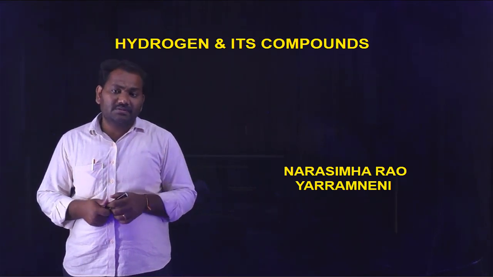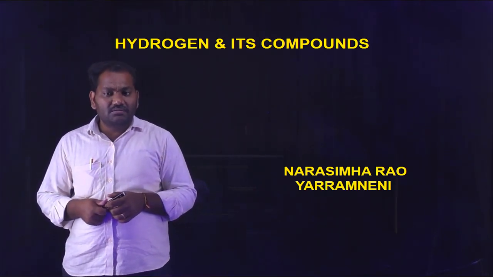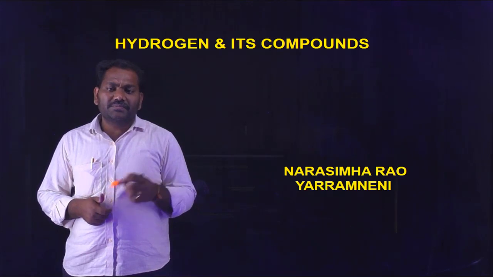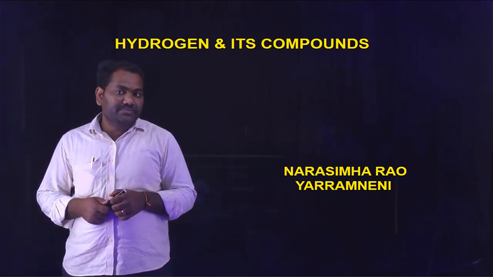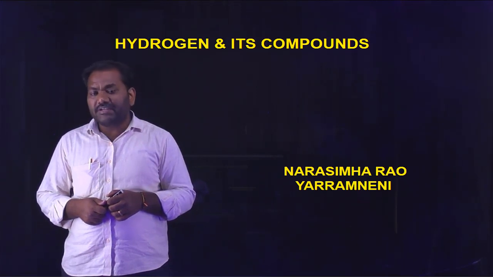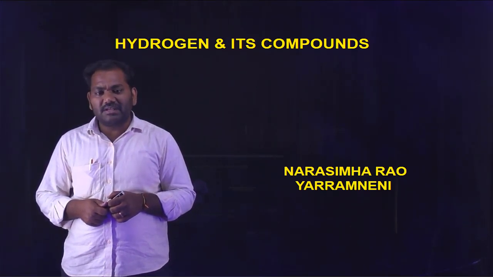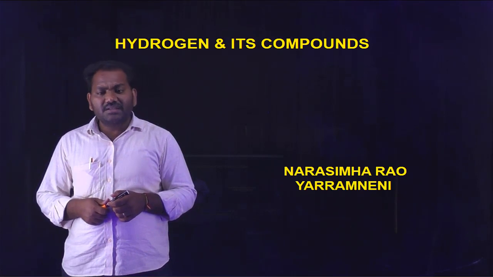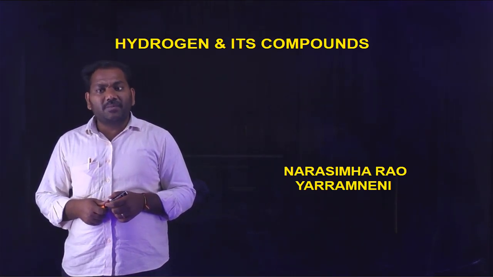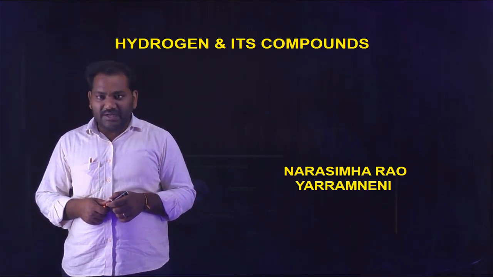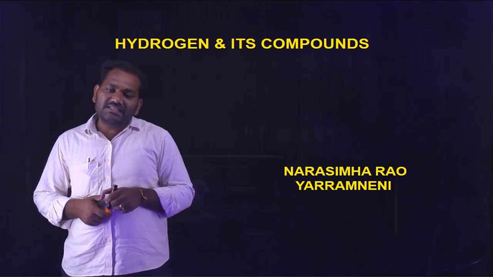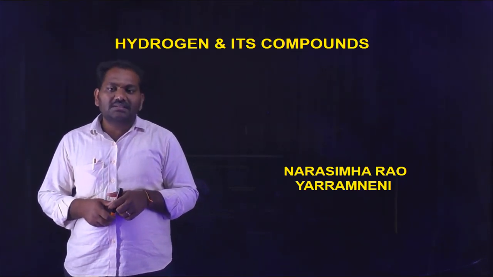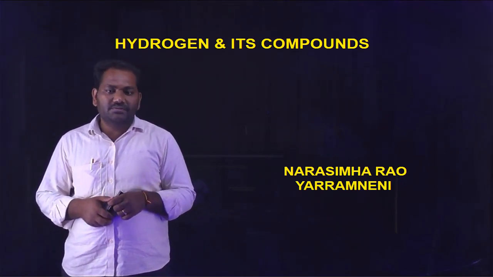Now let's discuss how dihydrogen is prepared industrially and in the laboratory, some important and different methods, and also the physical and chemical properties and uses of dihydrogen. All these are discussed in this video.